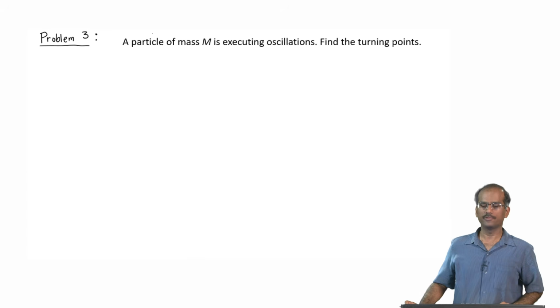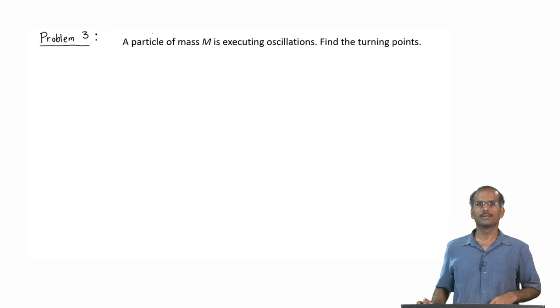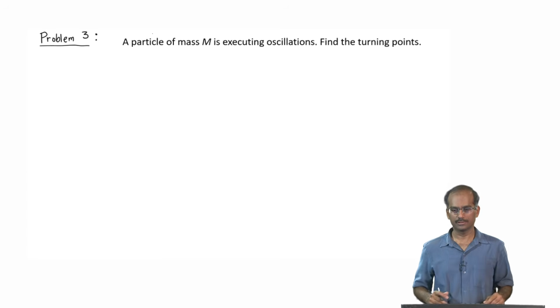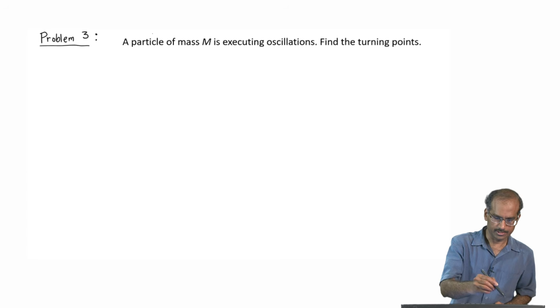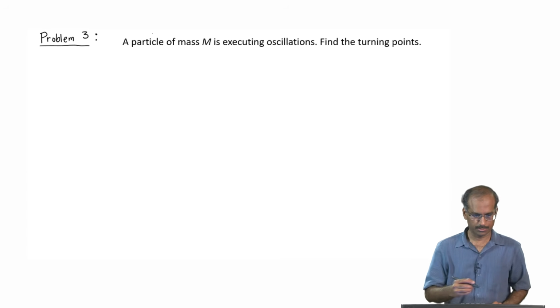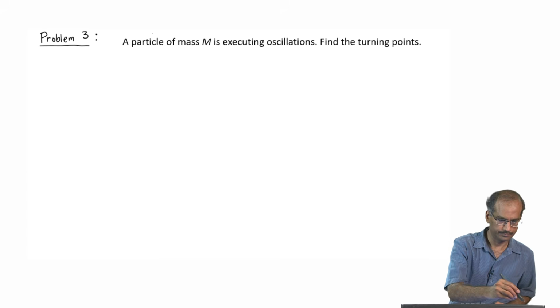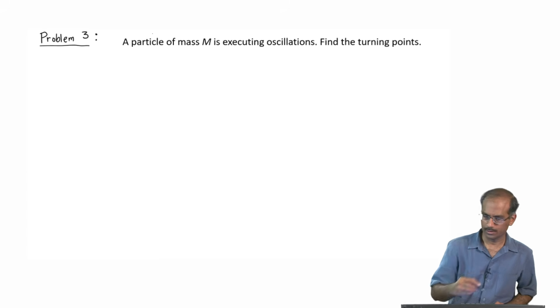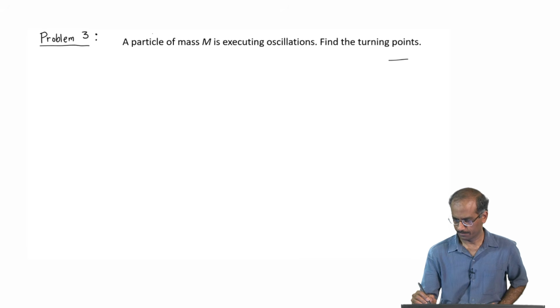So, in this problem we will deal with the case of a particle of mass m that is executing oscillations, and we want to find the turning points. Let me first explain this problem through an example. Suppose consider the example of a pendulum.